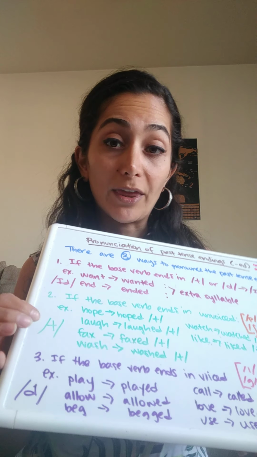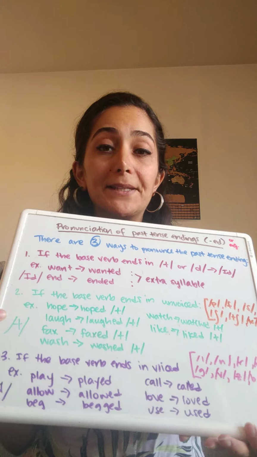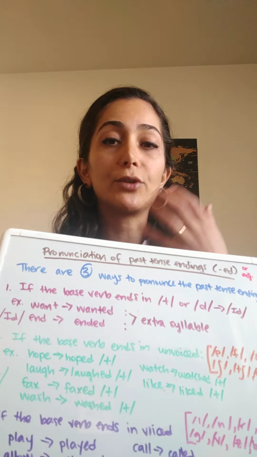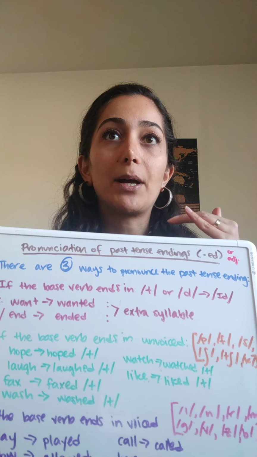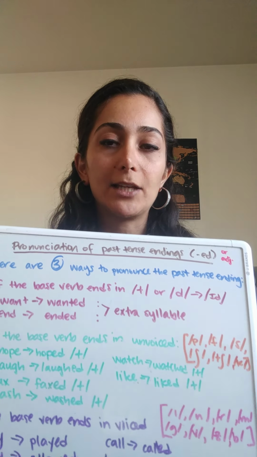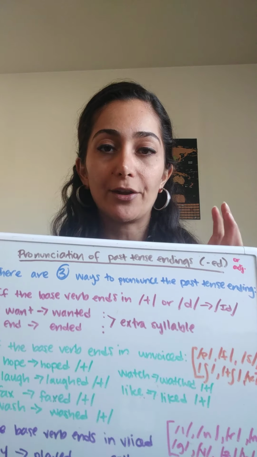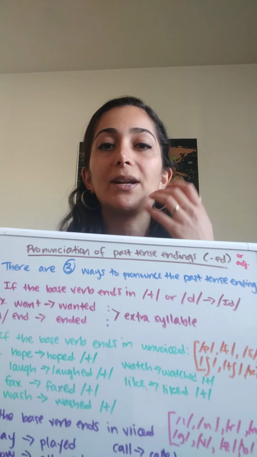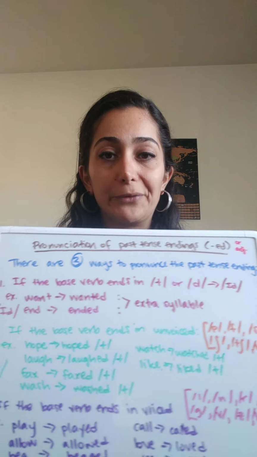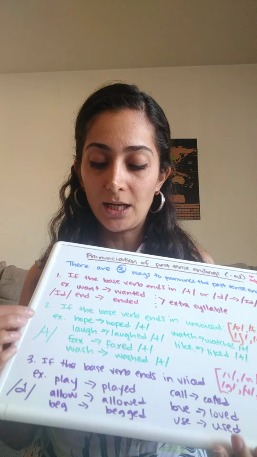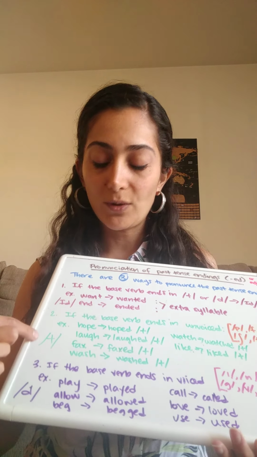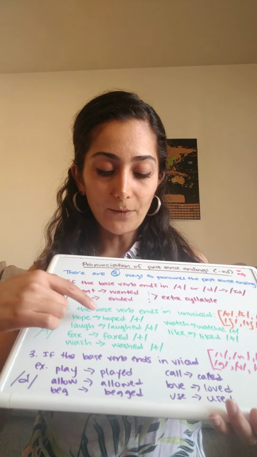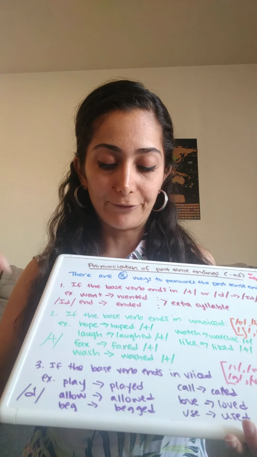Continuing with the unvoiced, that happens a lot. We like to be comfortable and use our mouth with the least possible movement, basically. So sounds surrounding each other will be produced in the same way. If we have a voiceless sound, we want to continue to produce a voiceless sound. This is the case here. This is a voiceless ending, so we're going to have a voiceless ending for past tense as well. Hope, hoped. Laugh, laughed. Okay?